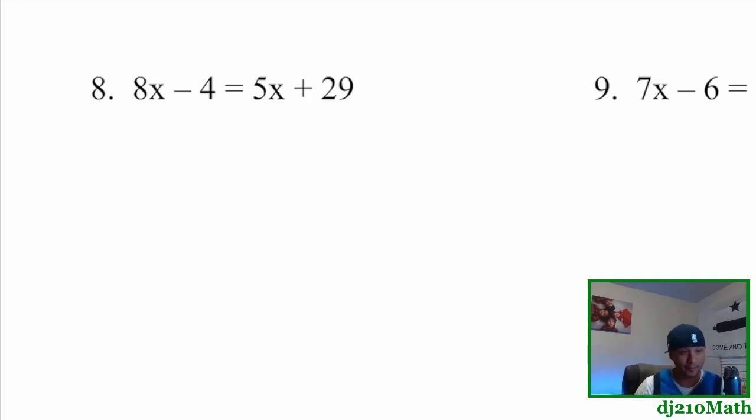Well, I don't want that. Not that I can't handle that, but I'd rather not deal with negative terms if I don't have to. So that's why you kind of look ahead. So negative 5x or minus 5x cancels. 8 minus 5 is 3.